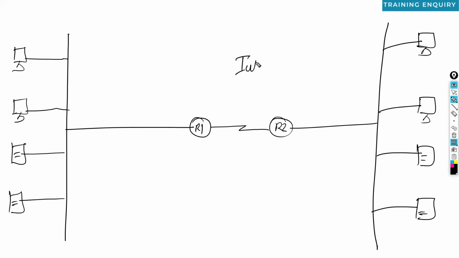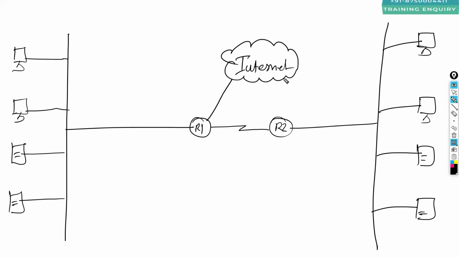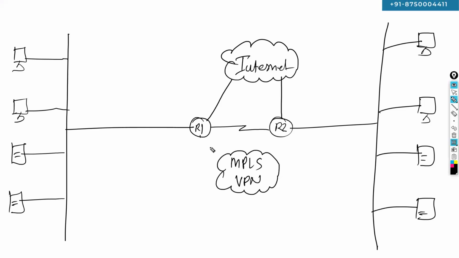via internet, or via MPLS VPN. So if you have two or more branches, you can connect them using these methods.